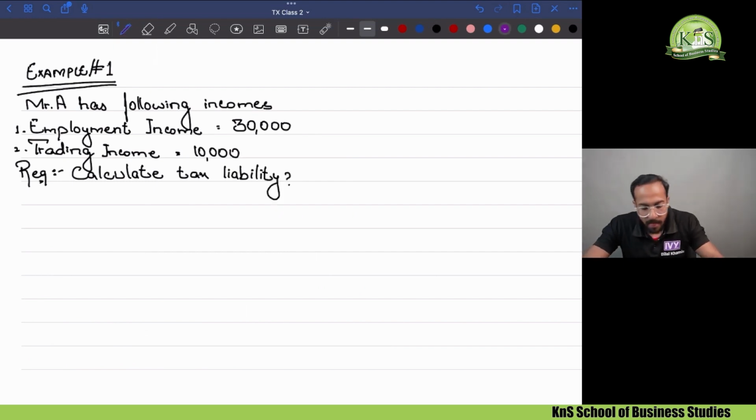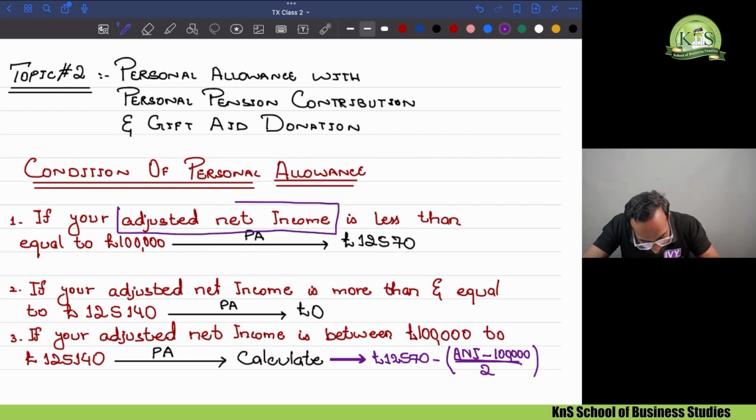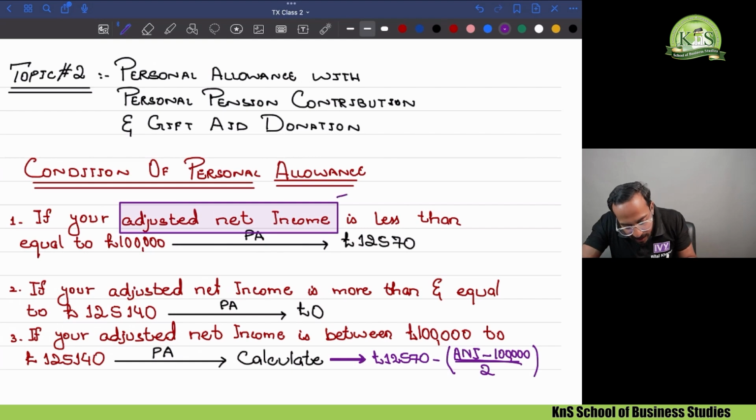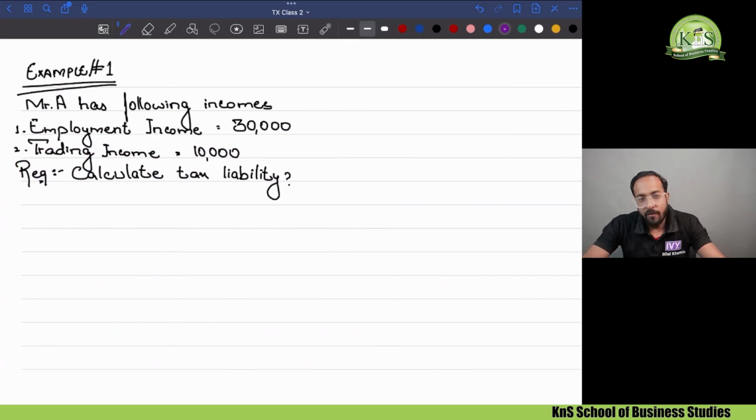Now, first you need to know what adjusted net income is. The short form of adjusted net income is ANI. You need to calculate ANI first. When do you need to calculate ANI?